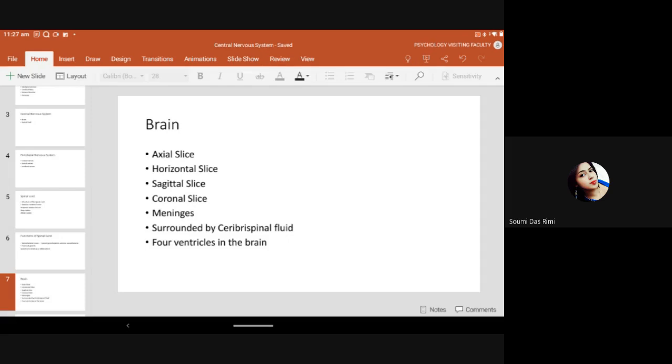Now, the other related terms that I told you: the dorsal, indicating the top portion of the brain; the ventral, the bottom of the brain; the front of the brain, the anterior; and the back portion, the posterior. So, the dorsal, ventral, anterior, and posterior.